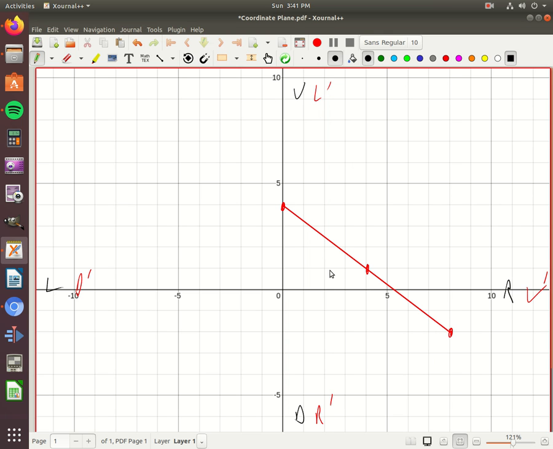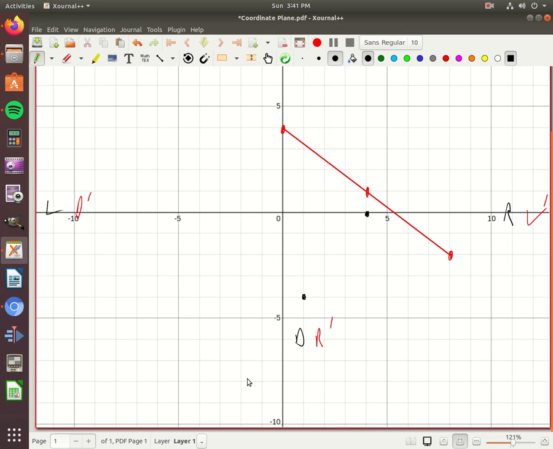Okay, so to get to this one, I went up 4, so I have to go up 4. To get this one, I went right 4 and up 1, so I'll go right 4 and up 1. And to get this point, I went right 8 and down 2, so I will go right 8 and down 2. I will connect those dots. And again, oh, yeah, that was brutal.